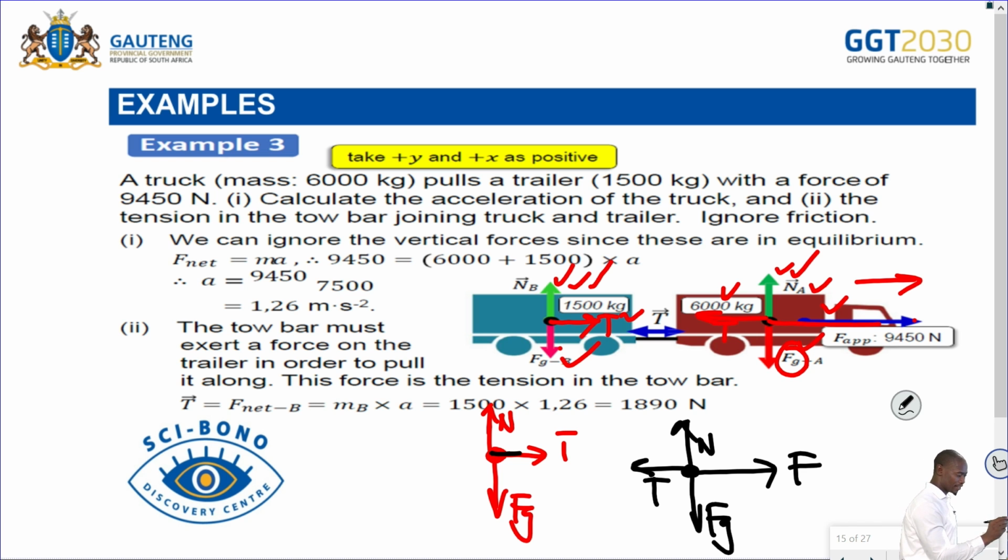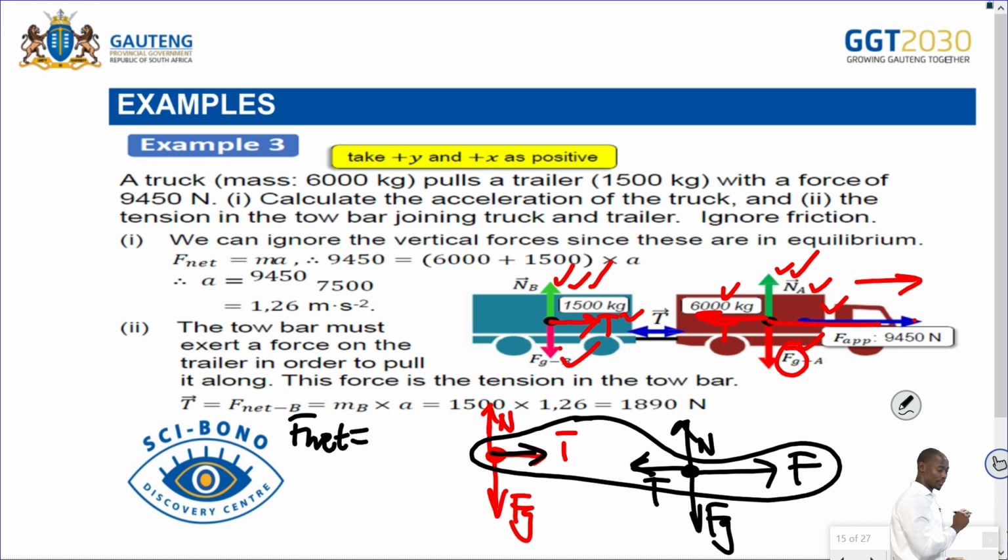Remember, this force and this one, they're equal in magnitude, acting in opposite directions. So if you are going to say F net, I want to show you something. If you are going to say F net equals, you are only focusing on the horizontal forces. So how many are they? These are the horizontal forces. So you'll say F net equals, we are taking the original direction of motion, which is to the right, as positive.